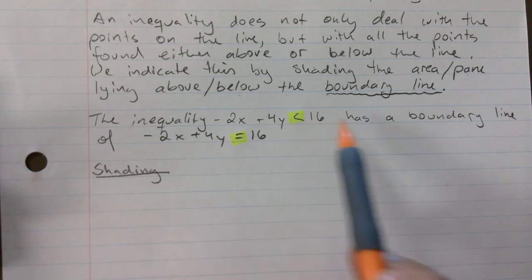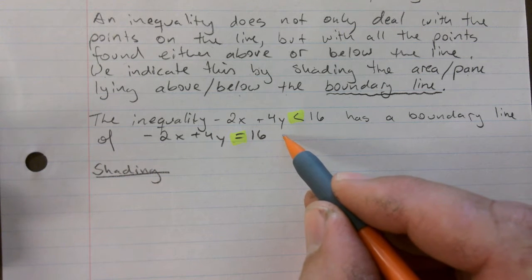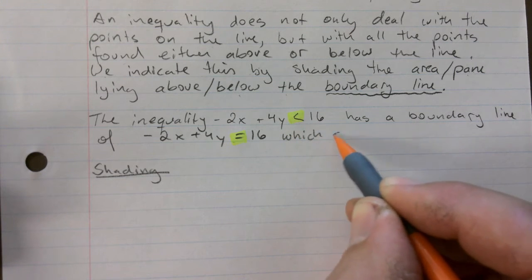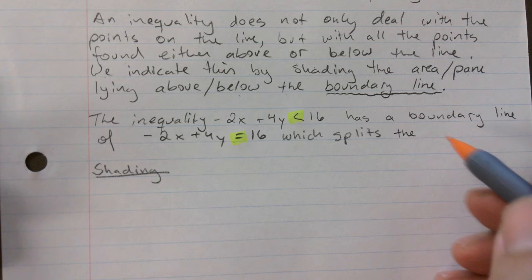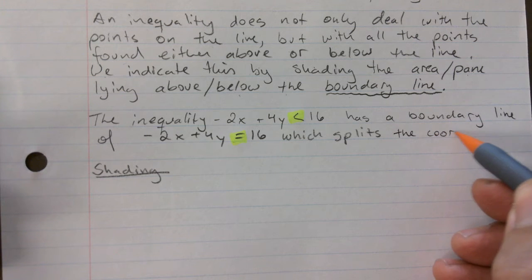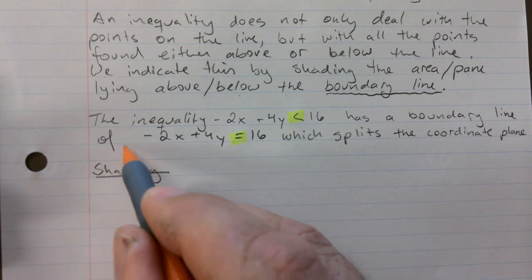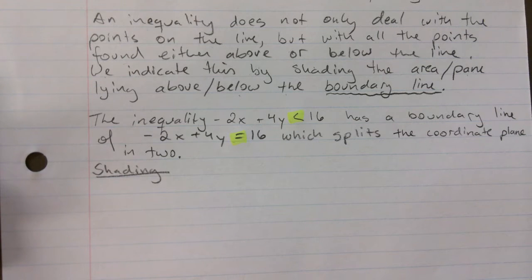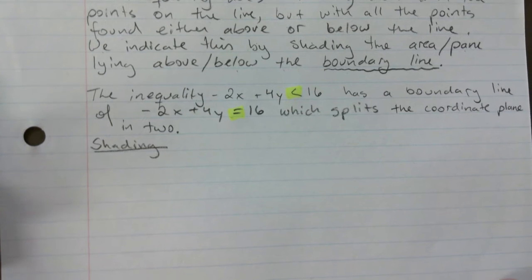The inequality here has a boundary line of this, which splits the coordinate plane in two. Okay, that's what I wanted to add there. I think I need to make my writing a little bigger, right? I will do that.